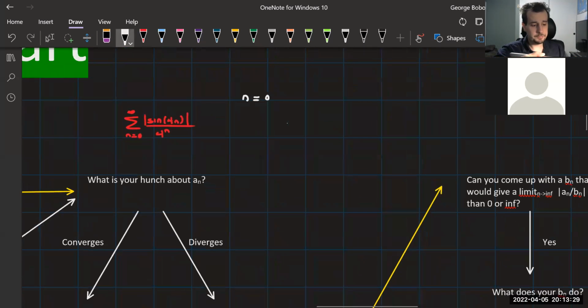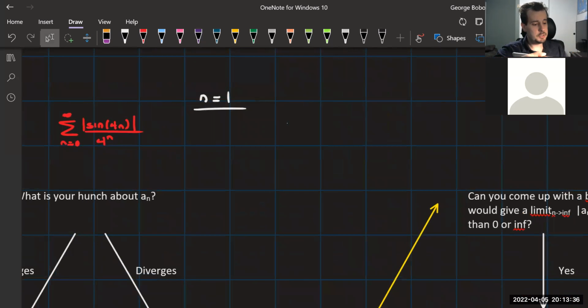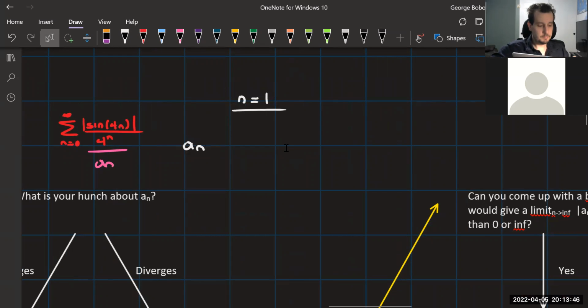We'll correct that. So for n equals 1, what are you going to get here for, let's call this a sub n? What are you going to get for a sub n right now for n equals 1? Sine 4 over 4.